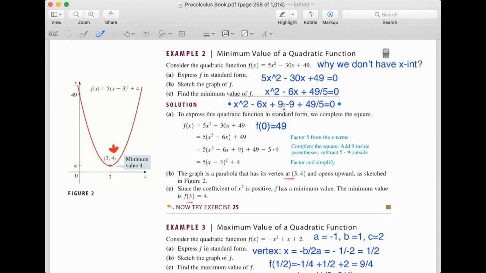Then the first 3 terms give me a perfect square, so I can rewrite them as x minus 3 squared. Then I'm going to multiply negative 9 by 5 over 5, which is multiplying by 1, because I need a common denominator to combine with 49 over 5.